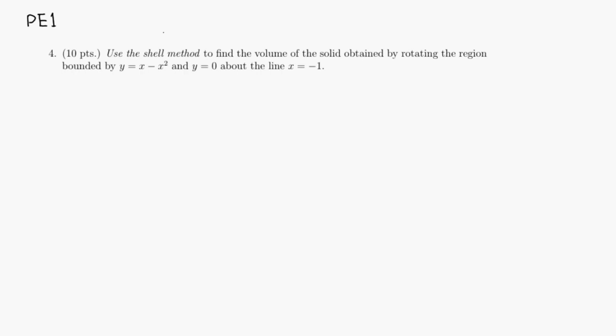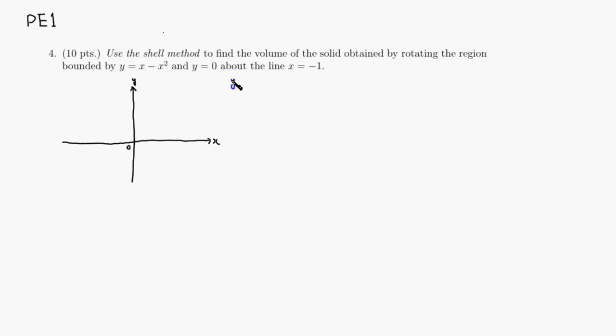Alright, so let's sketch the region first. It's going to look like this. So you have the x-axis, and here is the y-axis, maybe somewhere around here. And this parabola, if you factor it out, you see the x-intercepts.